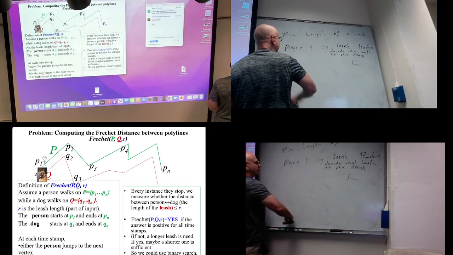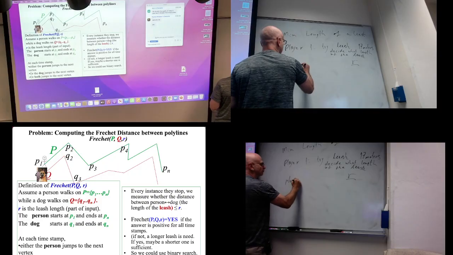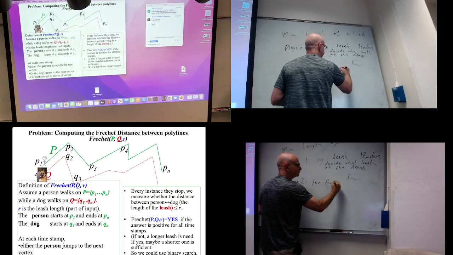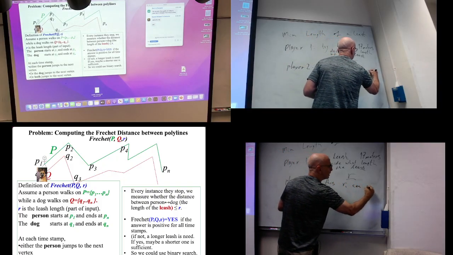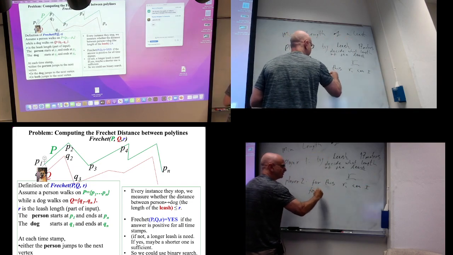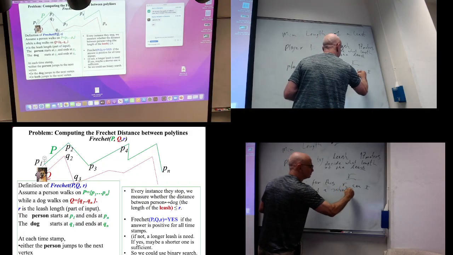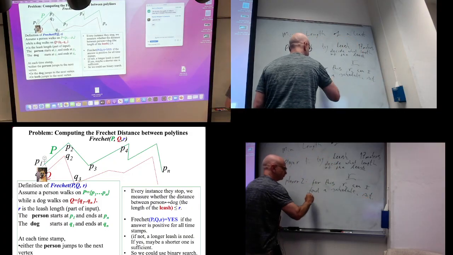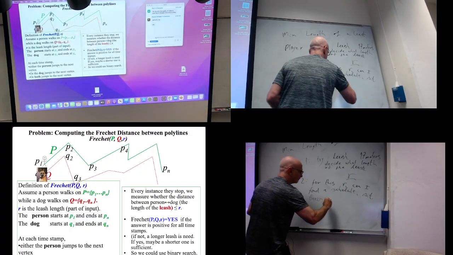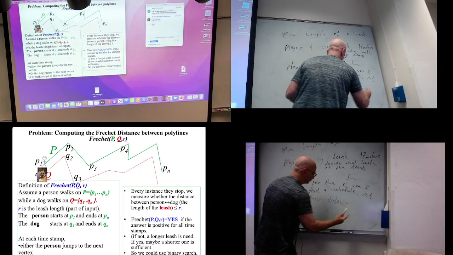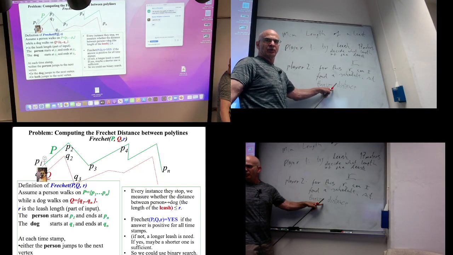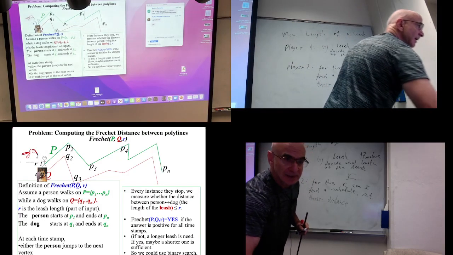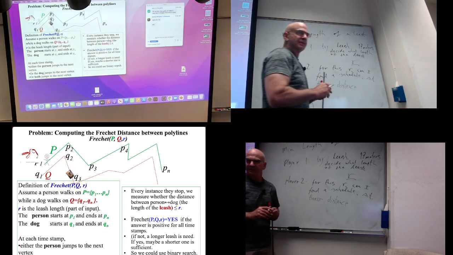And player two will say, for this R, can I find a schedule, who jumps when, such that their distance, meaning the distance between the person and the dog, when they do their little trip along the curve.